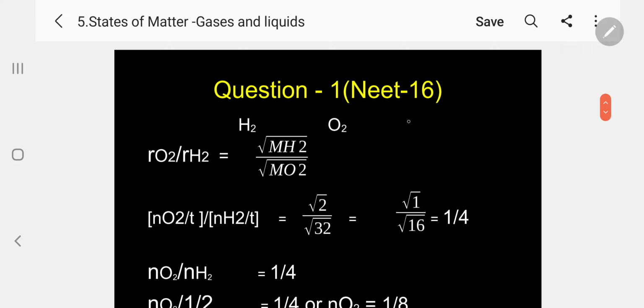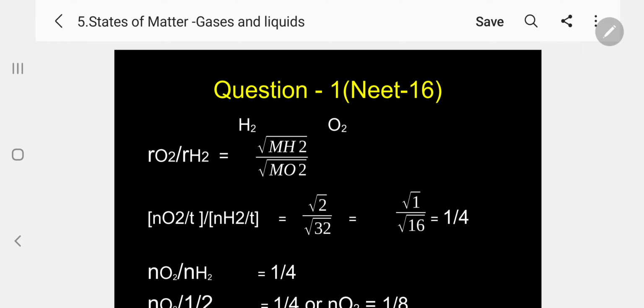The rate at which any gas diffuses through an orifice, a pinhole, is inversely proportional to the square root of its density, or inversely proportional to the square root of its molecular mass. That is the formula.